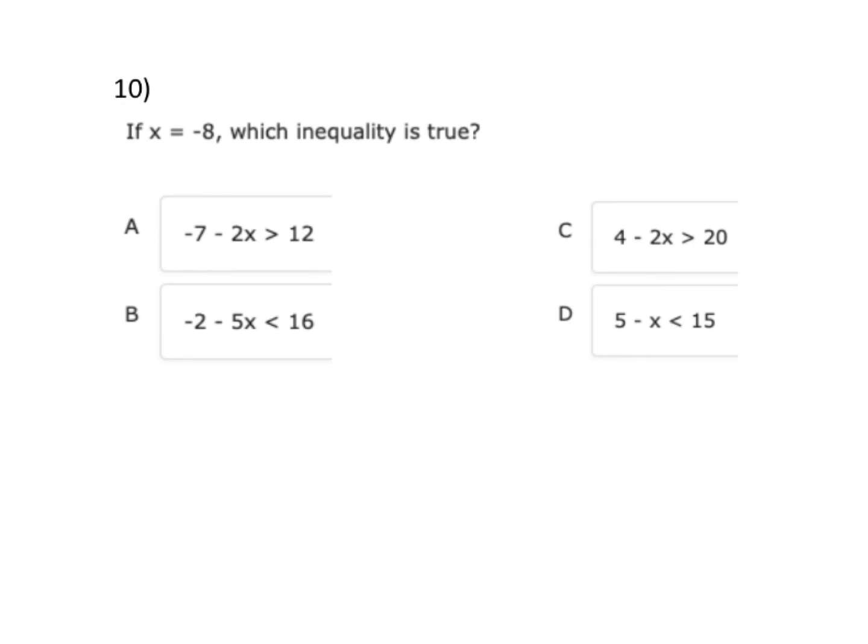Number 10 says, if x equals negative 8, which inequality is true? So there's a few ways you can do it. You can start by plugging in negative 8 anywhere there's an x, or you could solve each inequality. We're just going to do the plug-in method. So we're going to put negative 8 where x is on all of these problems.